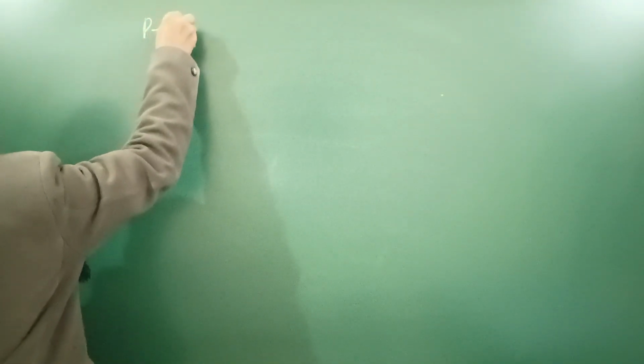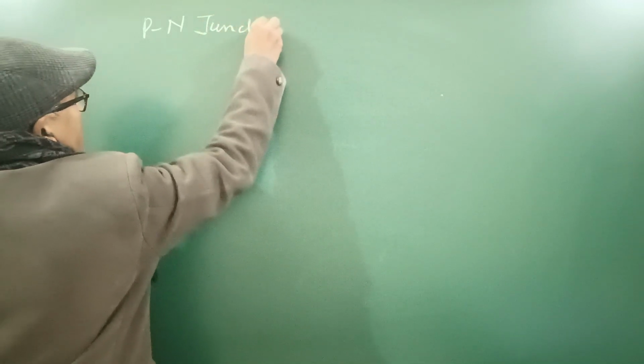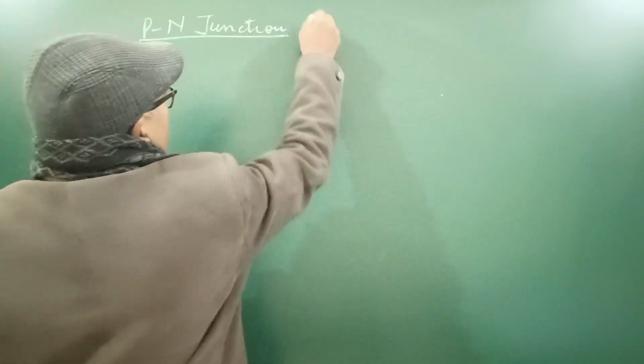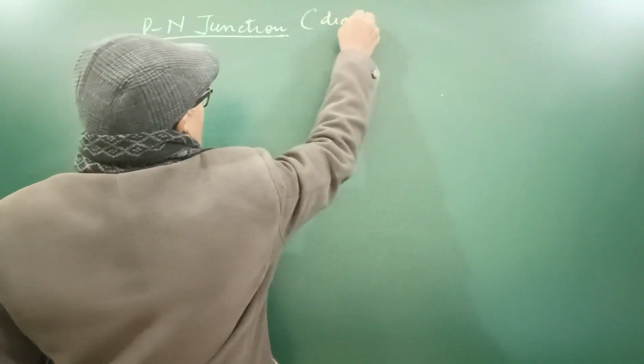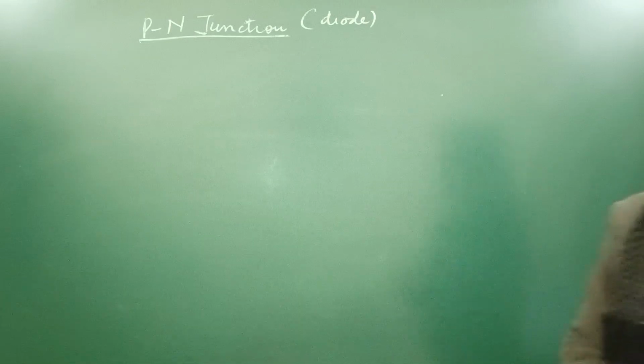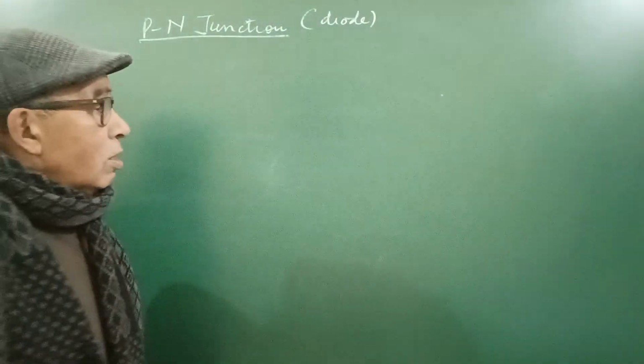There are many types of PN junction diode. It is a PN junction, but they call it a diode also because it has two electrodes. Di means two electrodes. So how to obtain a PN junction diode?